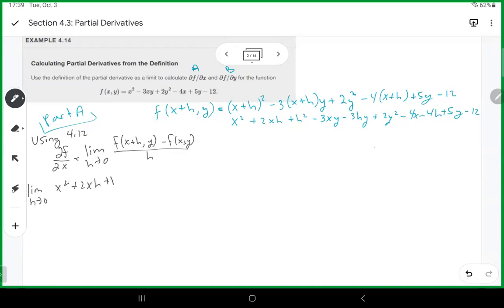If you guys see an easier way that you can organize this and you get the same answer, go for it. These can be very long. Okay, minus.